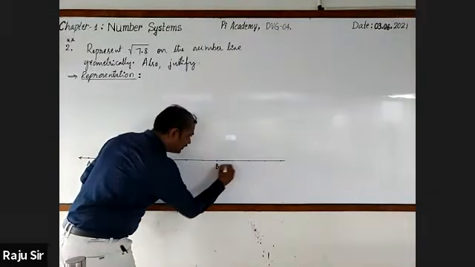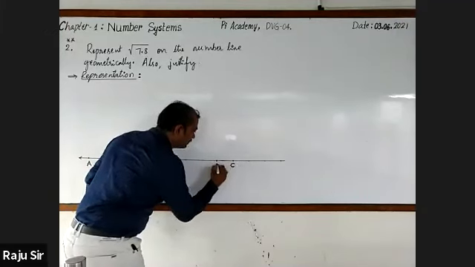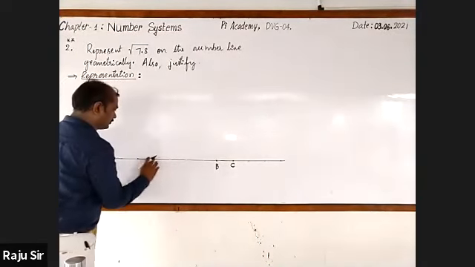Next, from here, mark the point C at a distance of 1 centimeter from B. Sir, A to B, how many centimeters should we take?